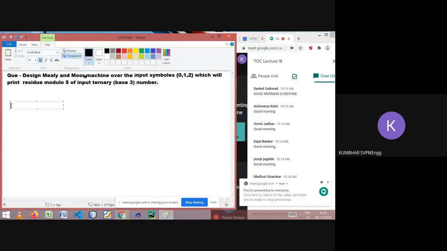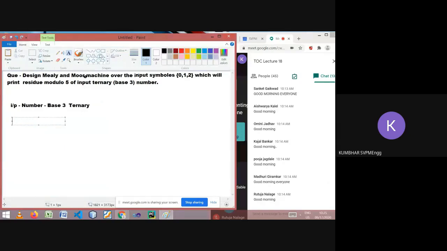Input to this machine will be a ternary number, meaning one number, but this number is of base 3. So let's try to list out the ternary numbers as a sample. Let me draw one table which will be helpful for us.